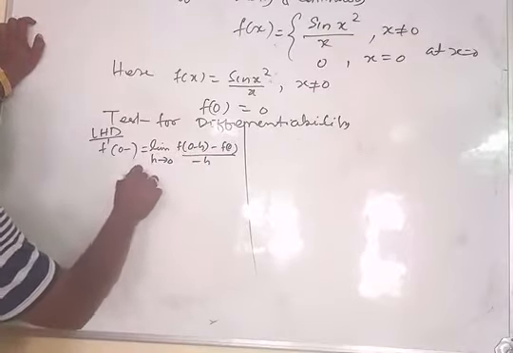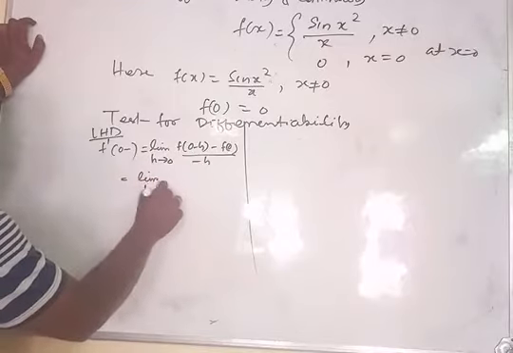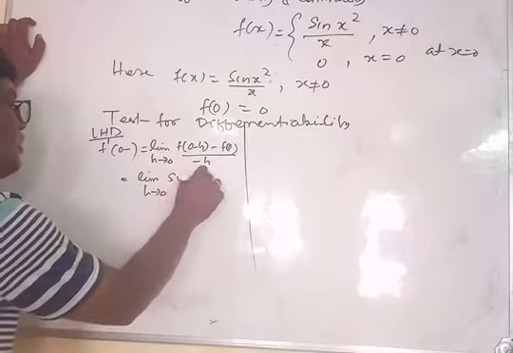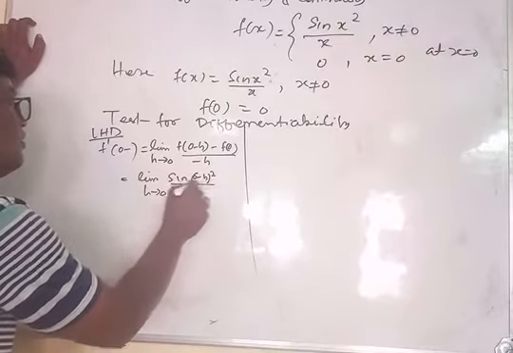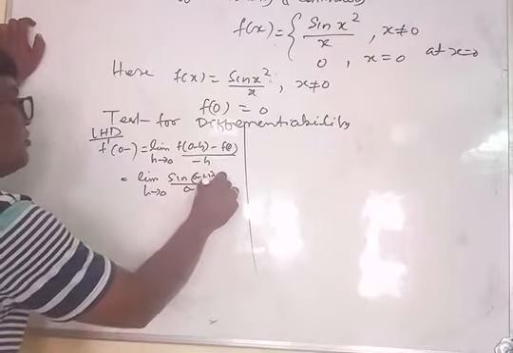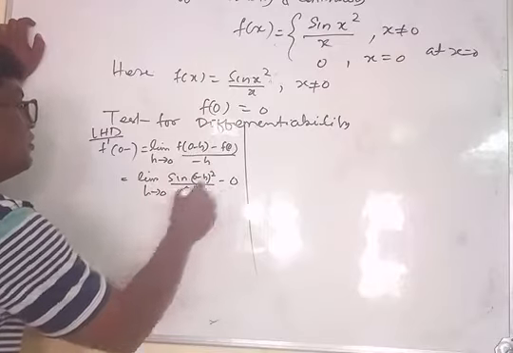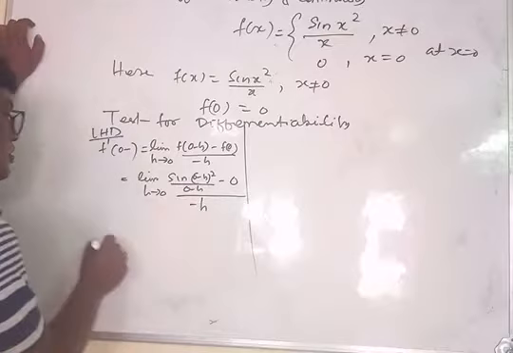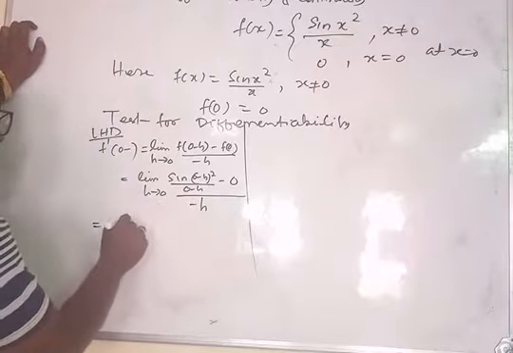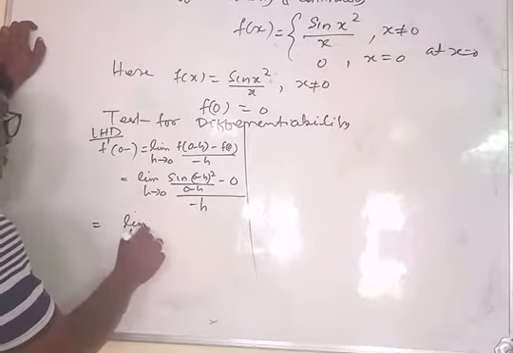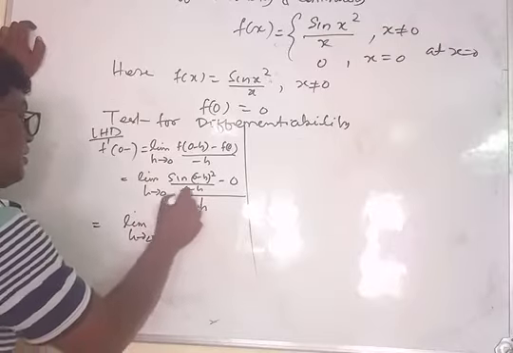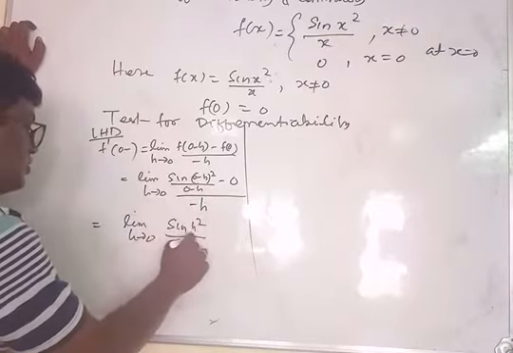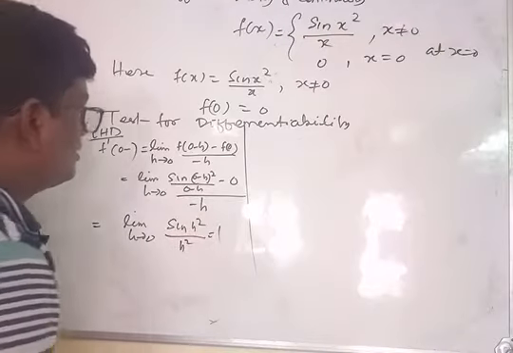This is sin of 0 minus h whole square by 0 minus h, minus f of 0 which is 0, divided by minus h. So this is limit h tends to 0 of sin h square by minus h into minus h, that is h square, which is equal to 1.